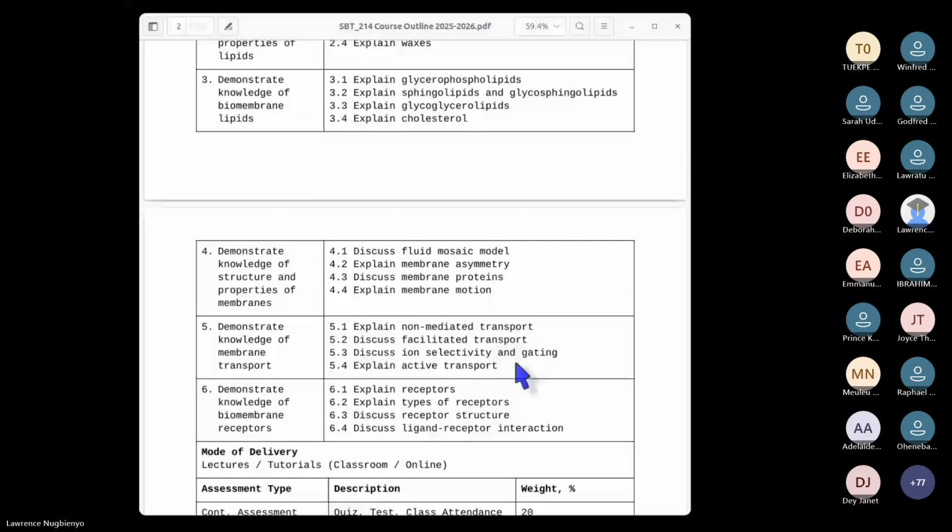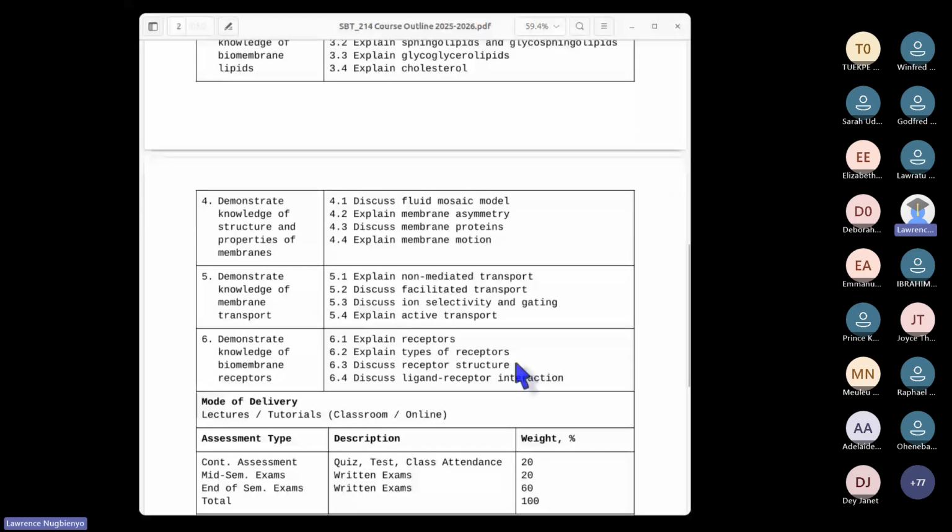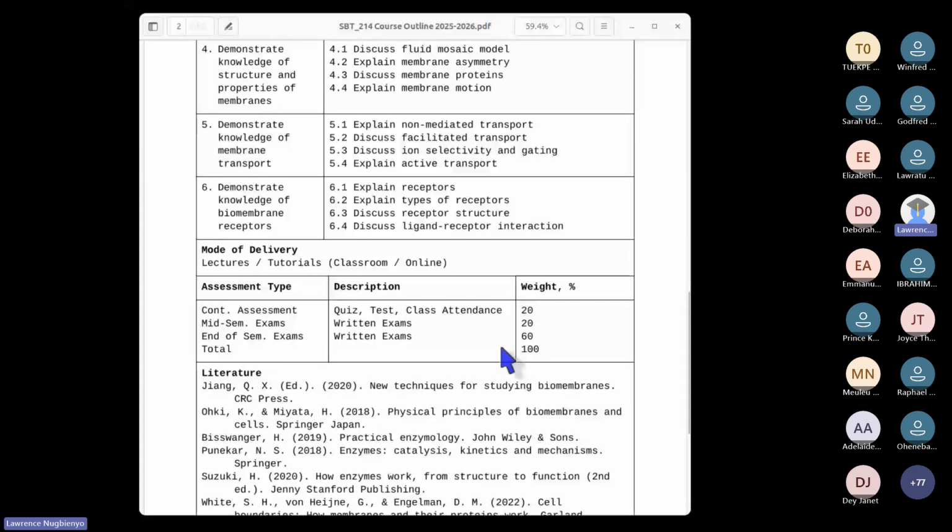Then, of course, when it comes to assessment, okay, so this one, I think you should pay attention, because a lot of times people keep asking the same questions over and over again.